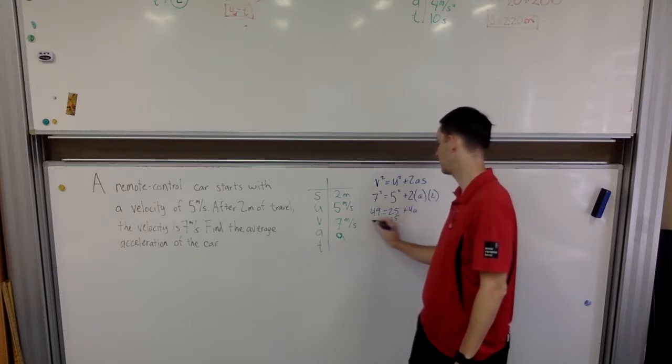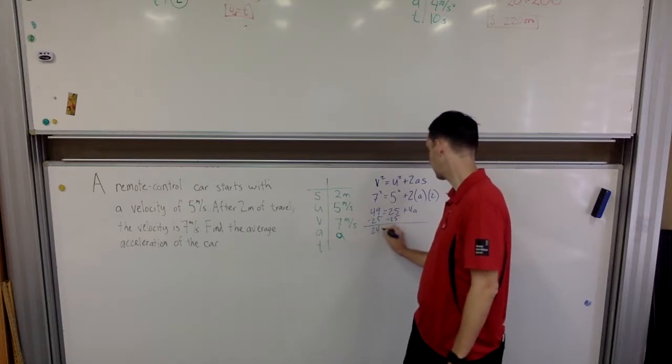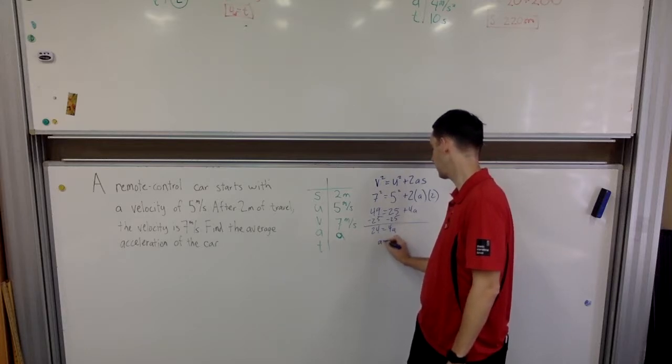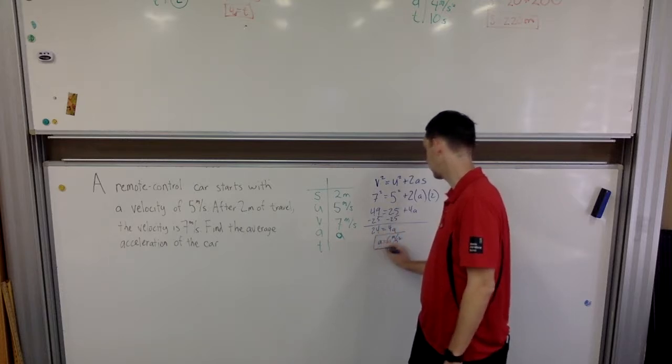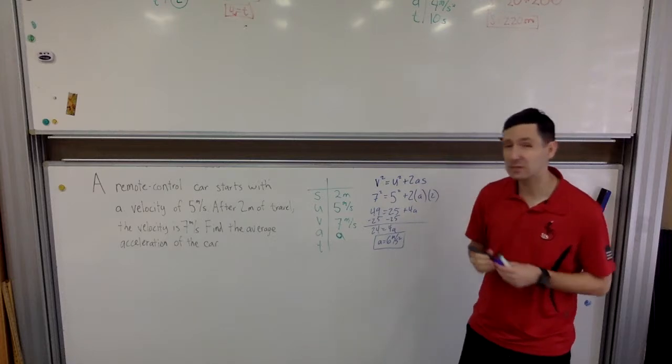Subtract the 25, and I get 24 equals 4A. So therefore A equals 6 meters per second squared. And we got our answer. Please always remember to put your units on the answer.